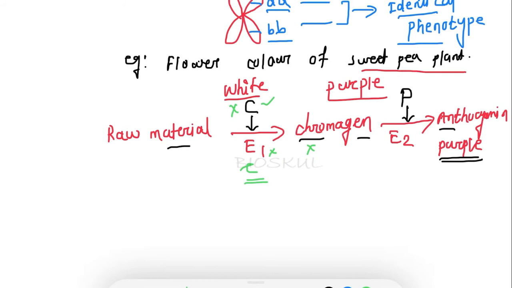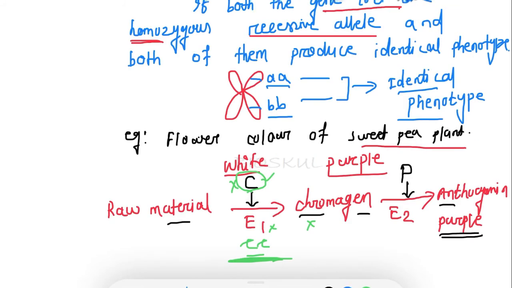The recessive allele is always present in homozygous condition in a gene, and here the recessive allele masks the expression of the dominant allele. Similarly, the dominant form of gene P codes the enzyme E2.